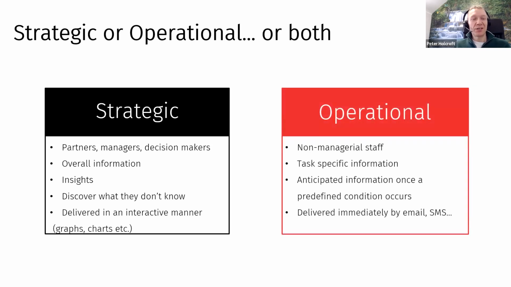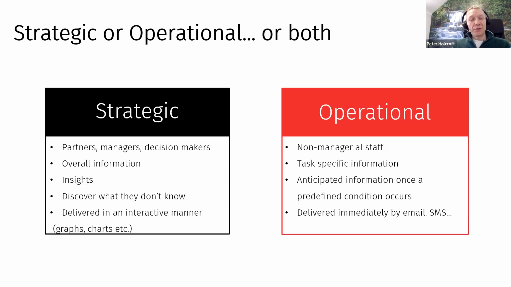Non-managerial staff, on the other hand, most benefit from task-specific information, details that will help them perform individual business operations in the most efficient manner possible. Operational BI is very often used to deliver anticipated information, for example, where a project is likely to go over budget based on the time spent so far compared to the progress of the project.